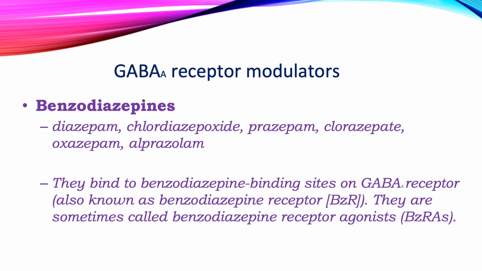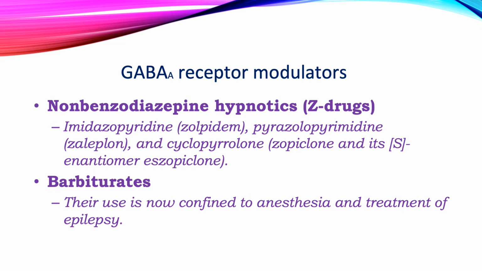They are sometimes called BZRAs, or benzodiazepine receptor agonists. On the other hand, we have non-benzodiazepine hypnotics, or the Z-drugs. Their generic names start with the letter Z: zolpidem, zaleplon, and zopiclone. And the third major group is barbiturates.